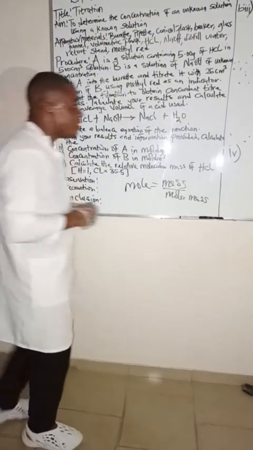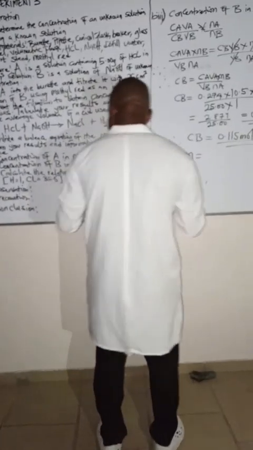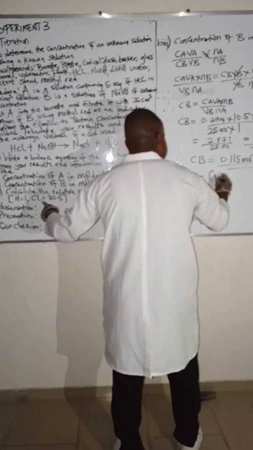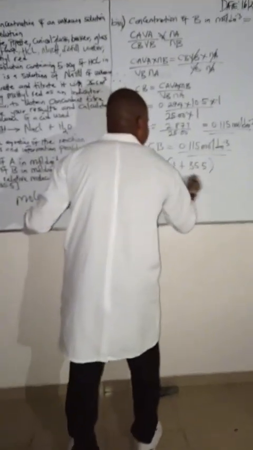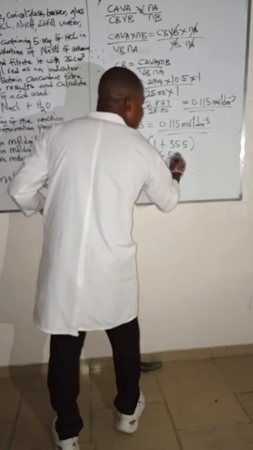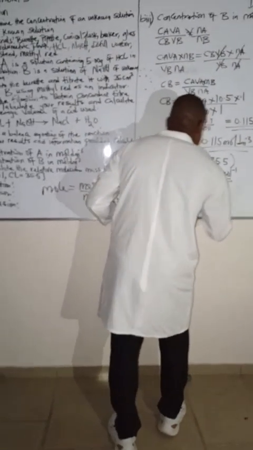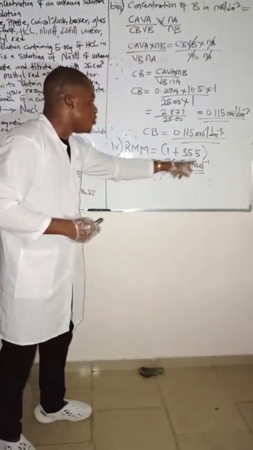The relative molecular mass, RMM, is equal to: hydrogen is 1, plus 35.5, which is 36.5 gram per mole. So this is our final answer. The relative molecular mass of the acid is 36.5 gram per mole. That is what we are asked to calculate.